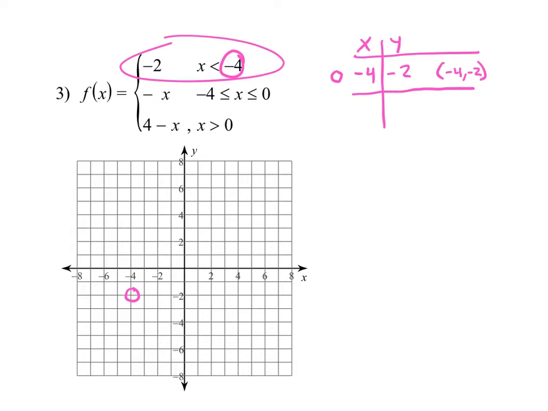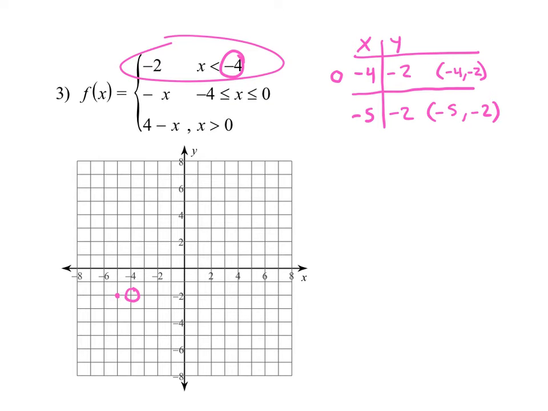What else can we plug in for our first piece? Negative 5. Any number less than negative 4. What's our y going to be? Negative 2. So our point is negative 5, negative 2. So we go to the left 5 and down 2.